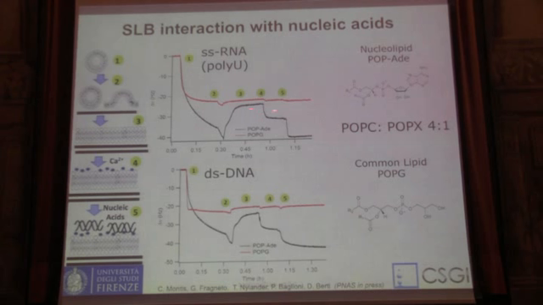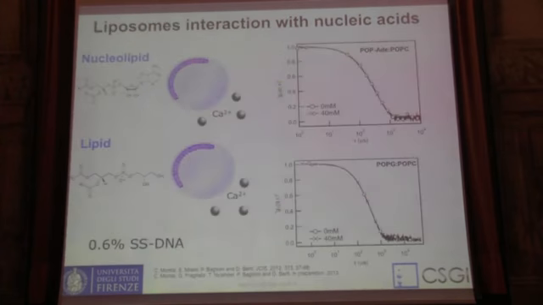If you use a common lipid, which is not complementary, so you use mixtures, for example, of POPC and POPG, where there is no complementary action, you see that you don't have any interaction, and this comes from quartz crystal microbalance. So in this case, you use POP adenosine and, for example, POPC. In the other case, you can use even POP adenosine and POPG. But if you use these two without any recognition units, you don't have any interaction.